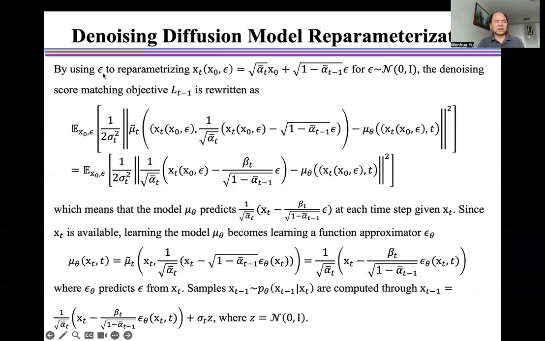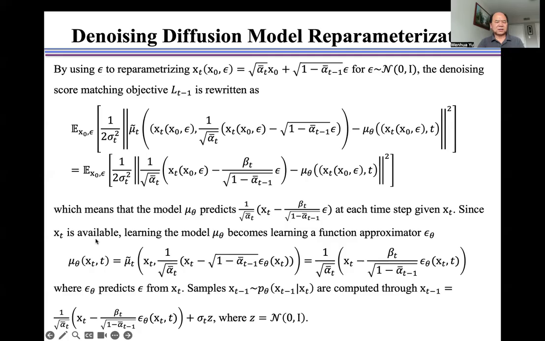By using epsilon to reparameterize xt, where epsilon is a normal distribution, the denoising score matching objective Lt minus 1 is rewritten as here, which means that the model mu theta predicts this value at a time step t given xt.